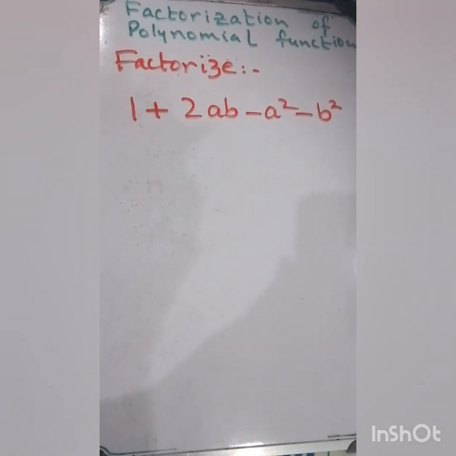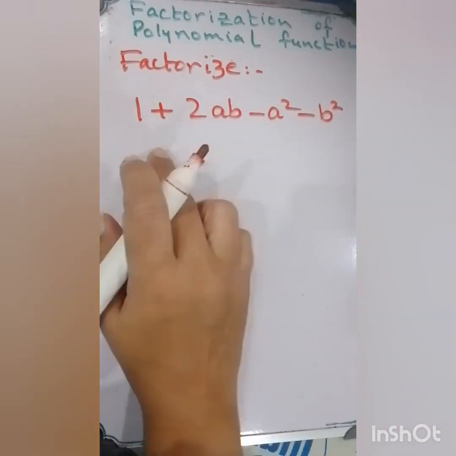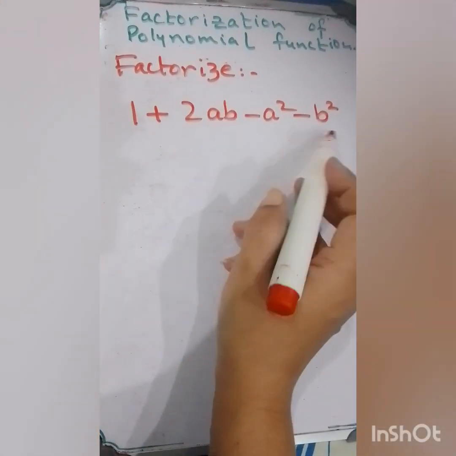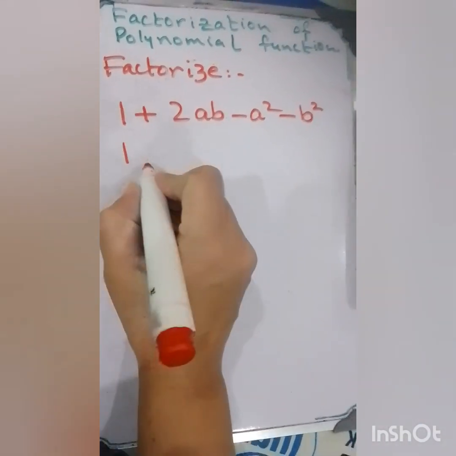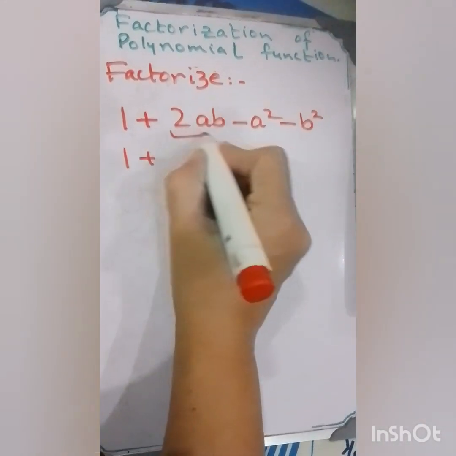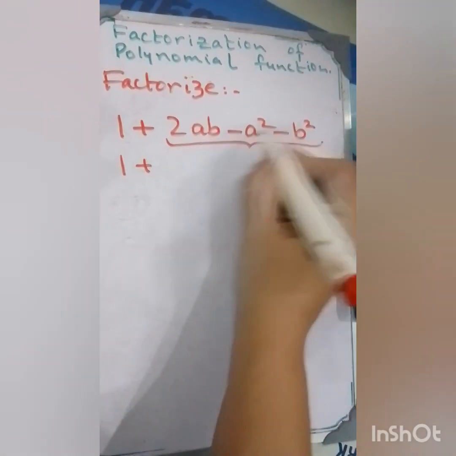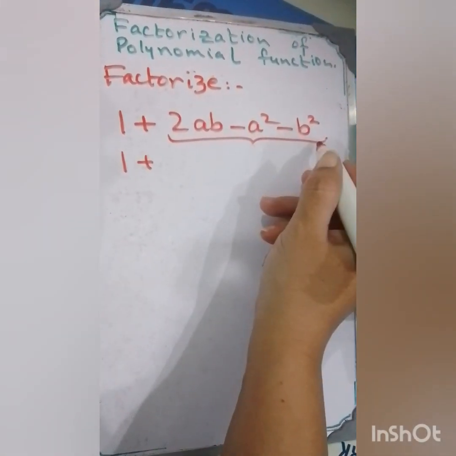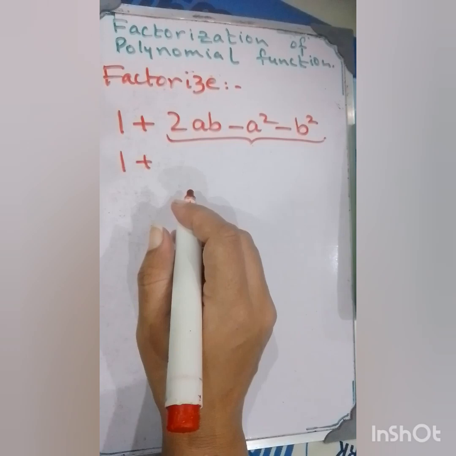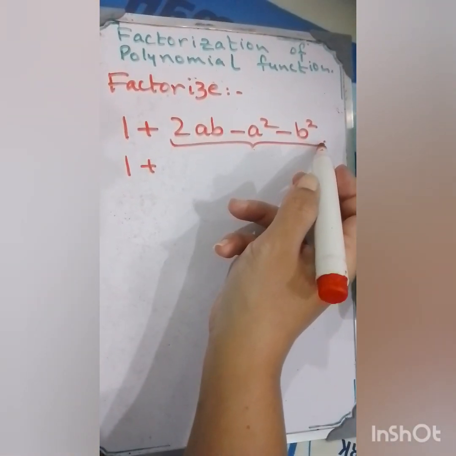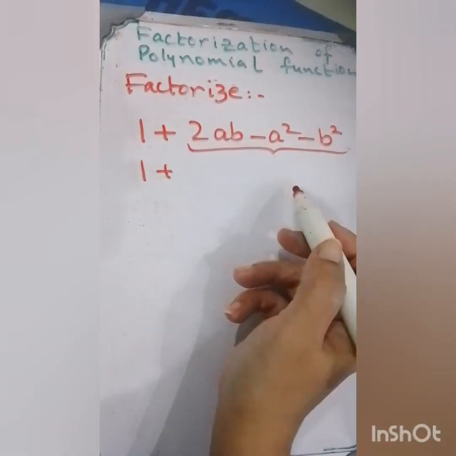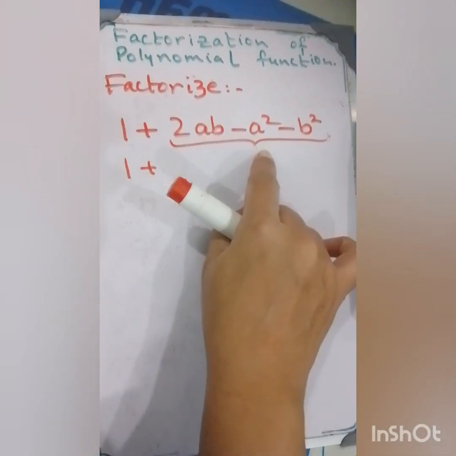Now here you can see that we have some kind of formula and 1 as well. So I am writing it like this, and this is the simple formula: twice of ab minus a square minus b square. To make it possible to contract it into the form of the formula, I'm going to take the minus sign as common.